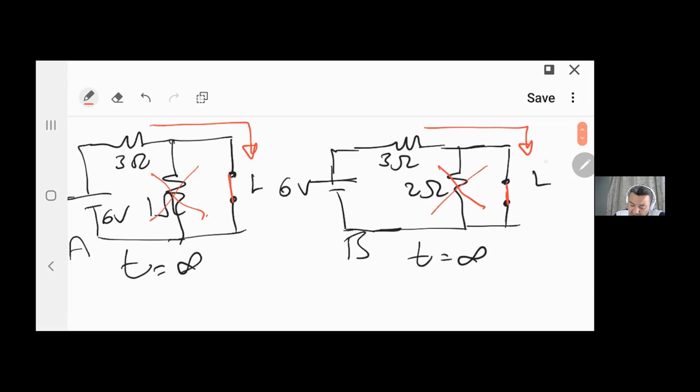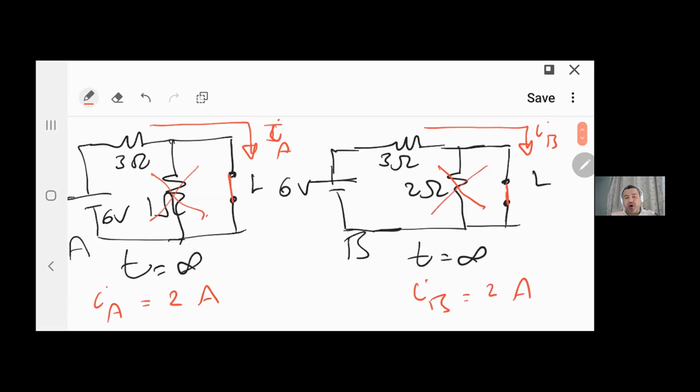So if I call this one I_A and this one I_B, then I_A would be 6 divided by 3, 2 ampere, and I_B would also be 6 divided by 3, 2 ampere. So both of them will have the same current, right?